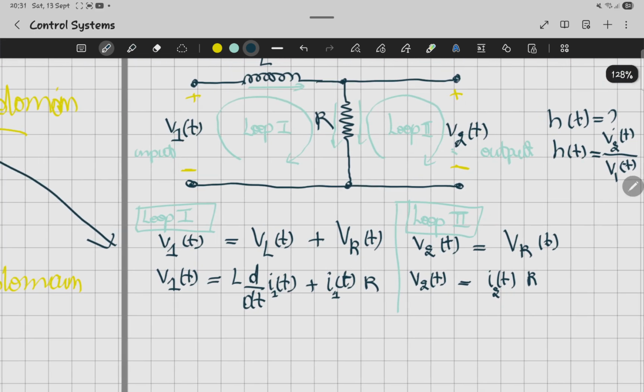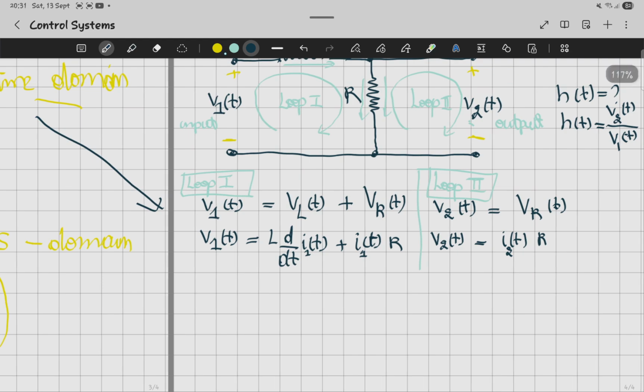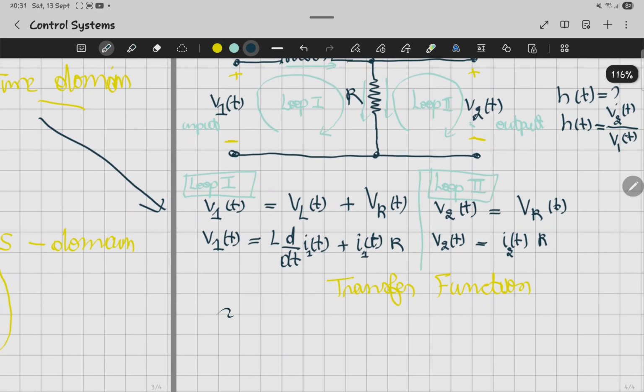So we're going to have another current through that resistor, and then you can write your transfer function. In my case, I have two ways of writing the transfer function, so let's stick to the easiest one.